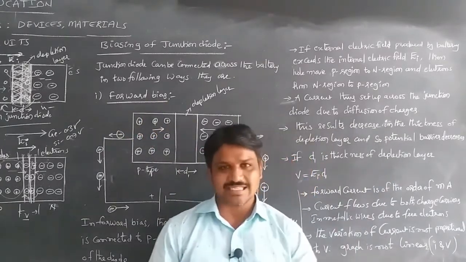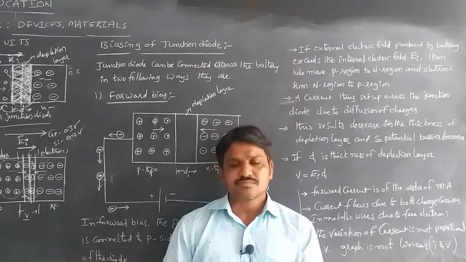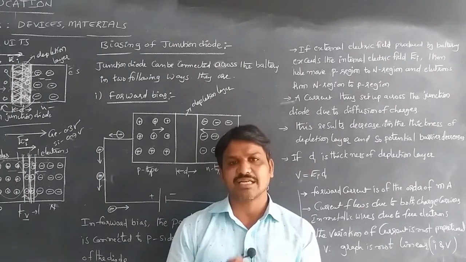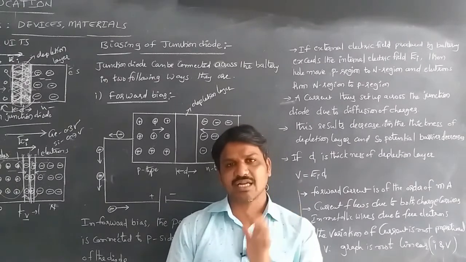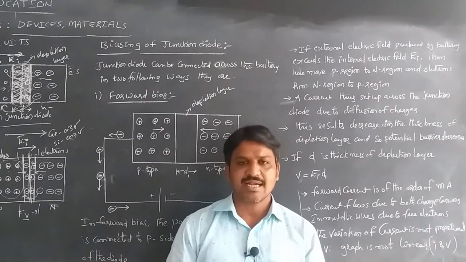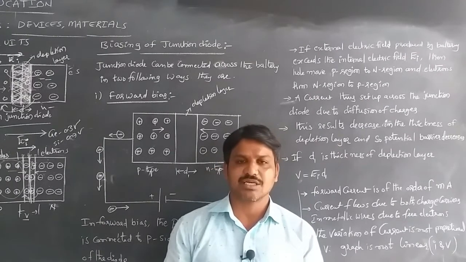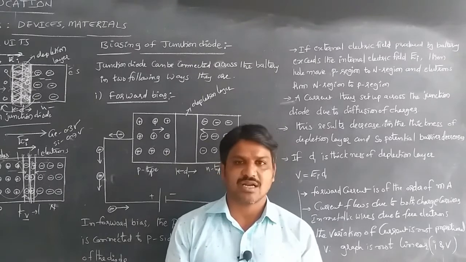Forward biased means the P side of the semiconducting material is connected to the positive terminal of the battery, and the N side is connected to the negative terminal of the battery.